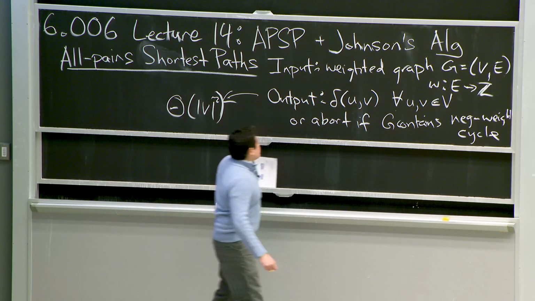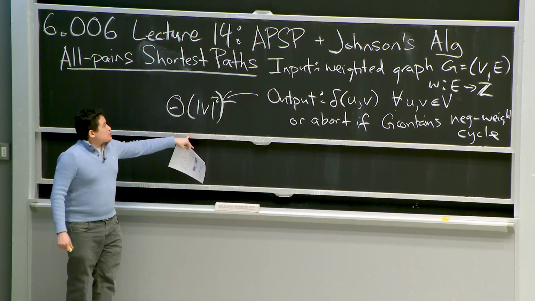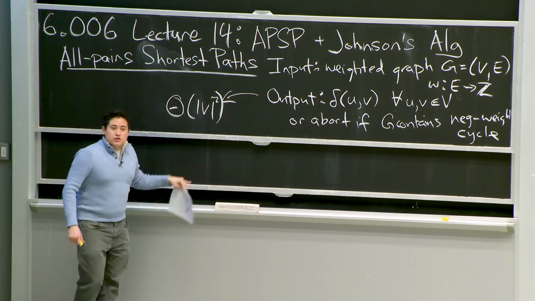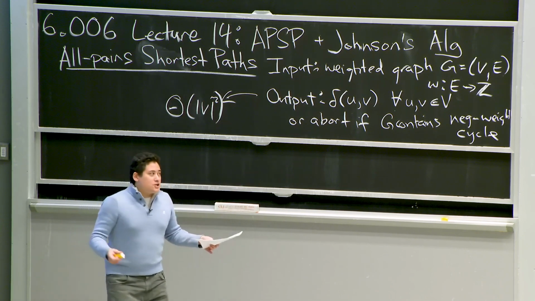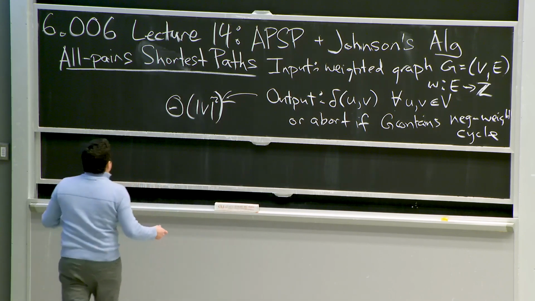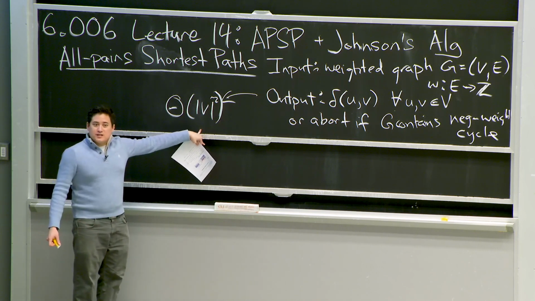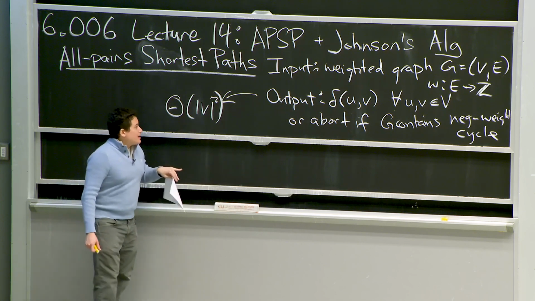And so we couldn't hope for linear time in the size of this graph for this problem. For certain versions of single source shortest paths, we need to read the graph, and so we need linear time. But in this problem, our output has quadratic size in the number of vertices. So in a sense, we can't do better than quadratic.